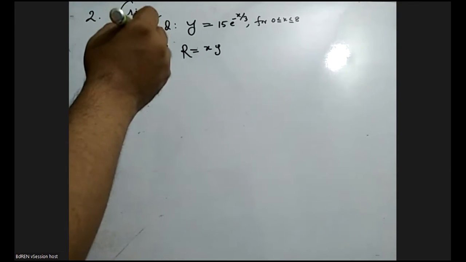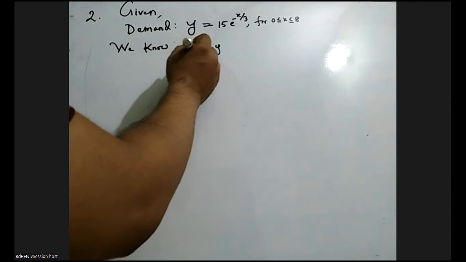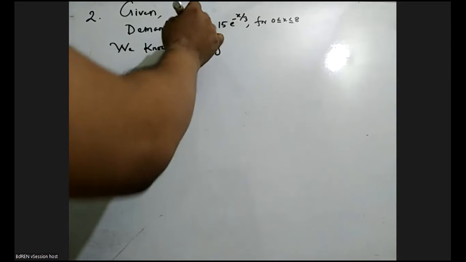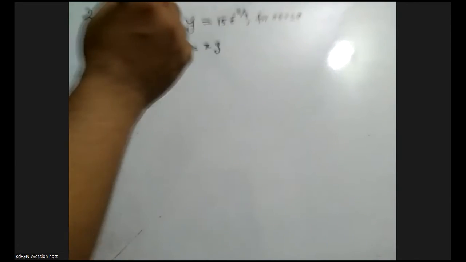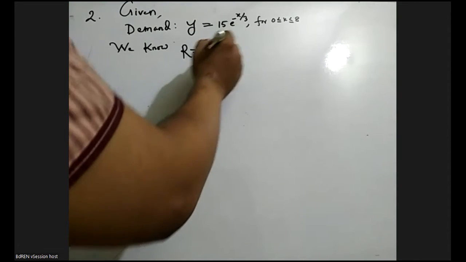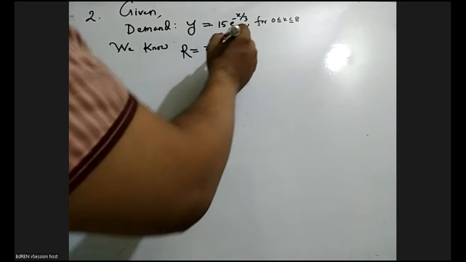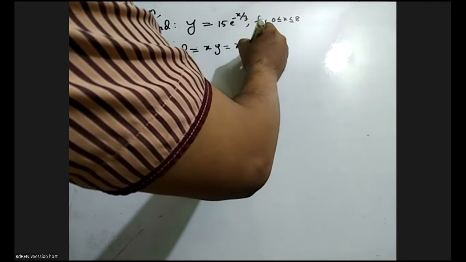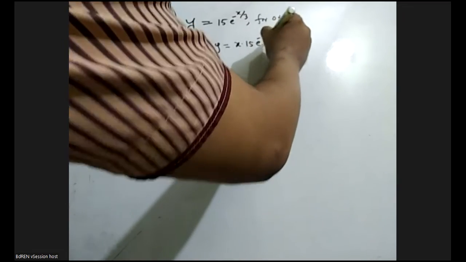X is the number of units, and revenue, we know revenue equals what? Number of units into price. Actually, y is the price in the given question. The x is the number of units. So our total revenue can be written as R equals x into 15 e to the power minus x by 3.